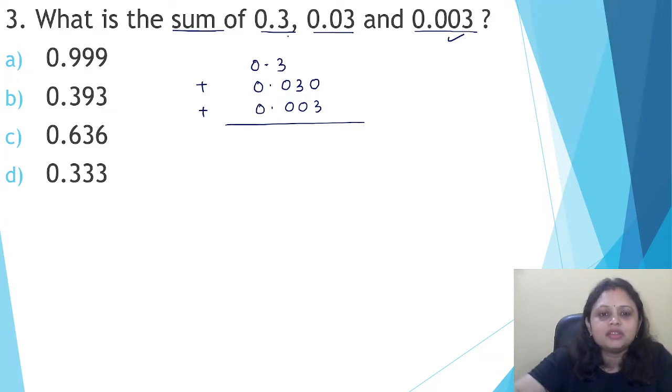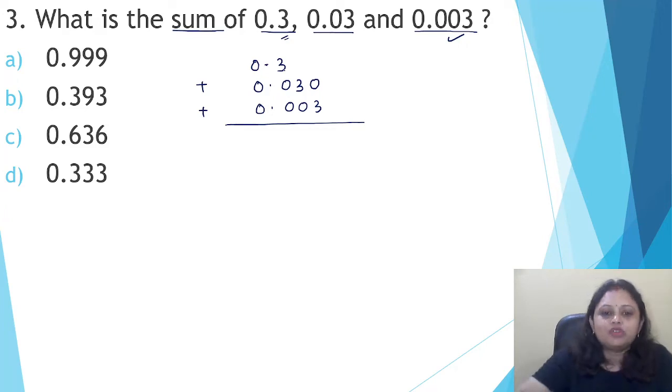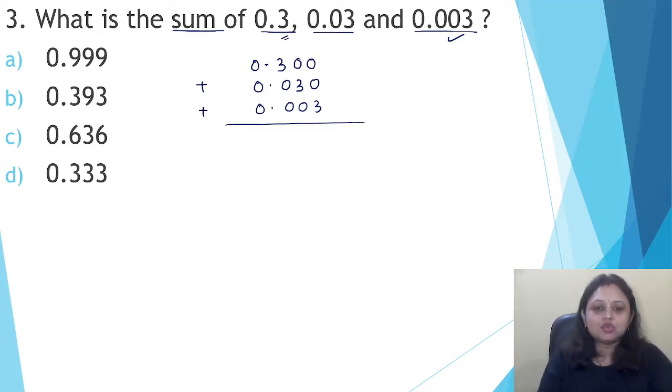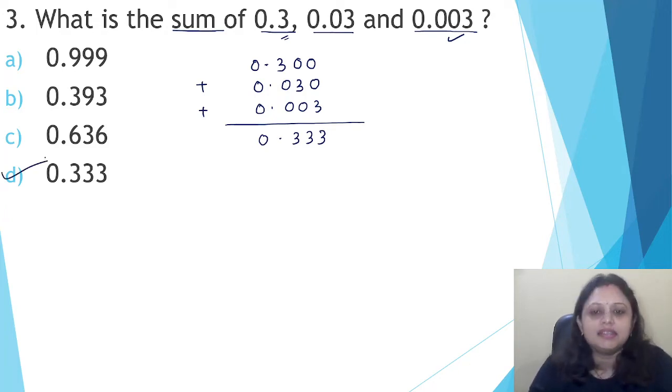Next, 0.3, only one digit is there after the decimal, but we have to convert it. It means we have to write a total of 3 digits after the decimal. So what we can do? We can put 2 zeros here, right? And as I told you, after decimal, on the right hand side, we can put 0 as it has no value. Then when we add it, it will be 0.333. So the correct answer is option D, that is 0.333.